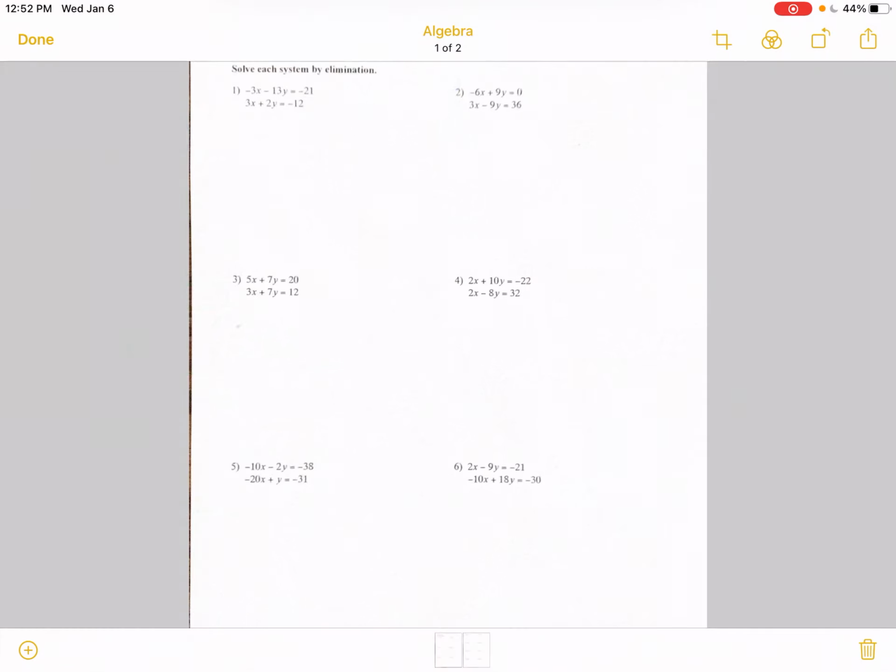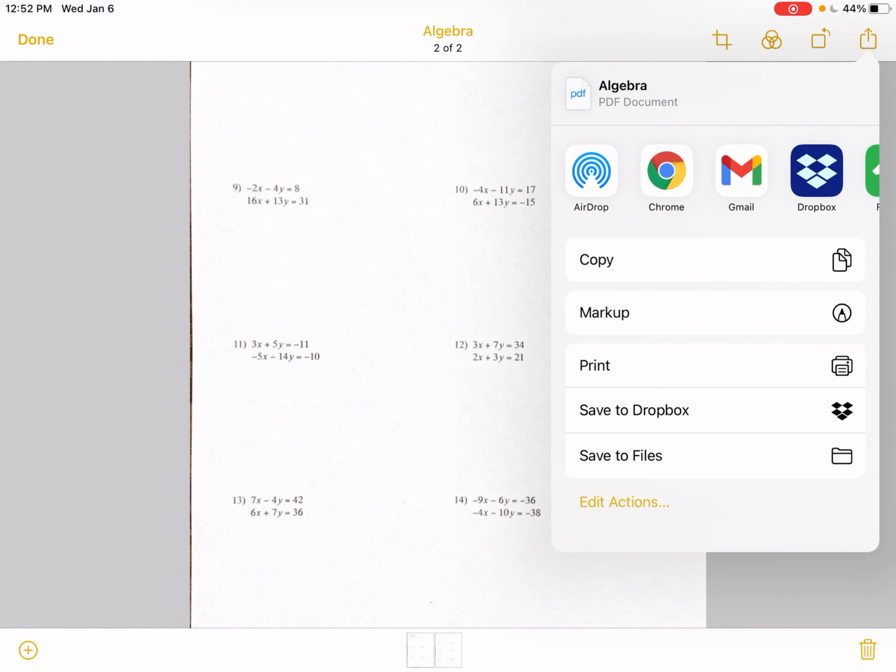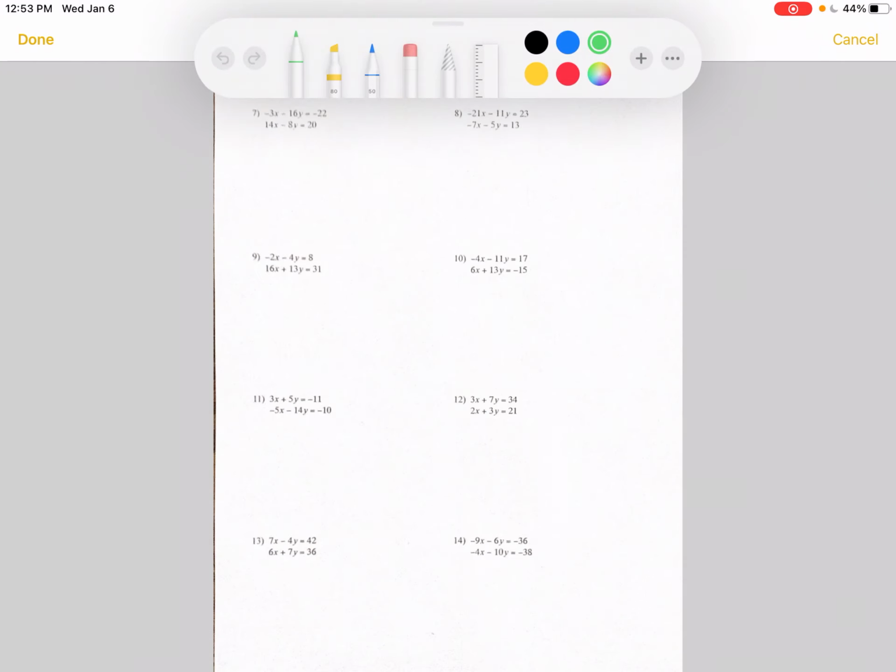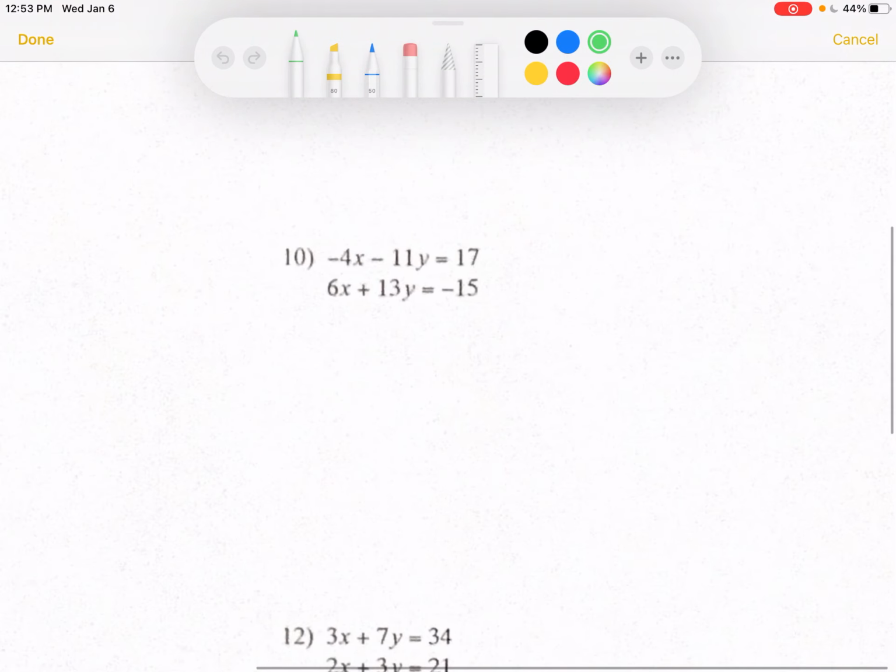Okay, we should probably talk about number 10. Number 10 is a question where we have to multiply both equations by something. So I'm going to choose to multiply the top equation by, here, let's do 2 different colors. So top equation, I want to get 6 and 4 to work out.